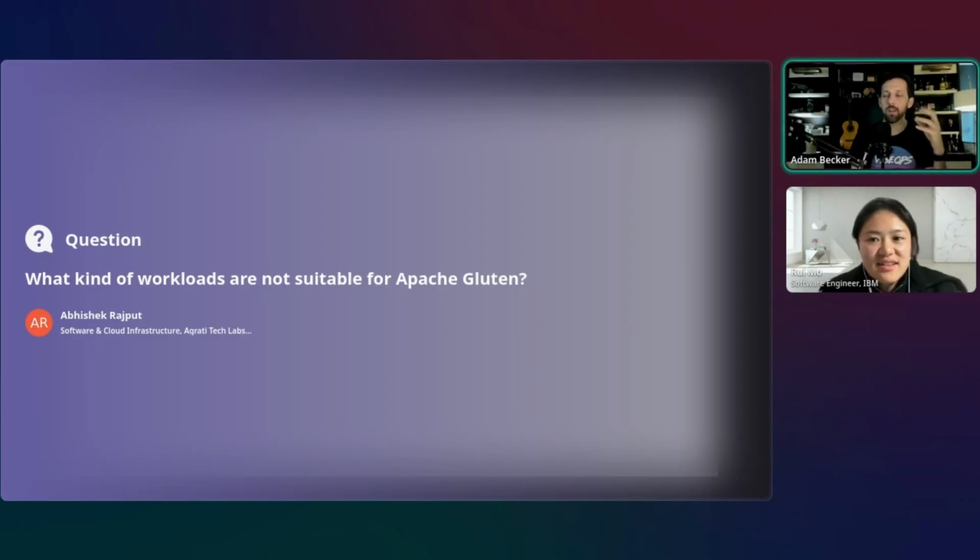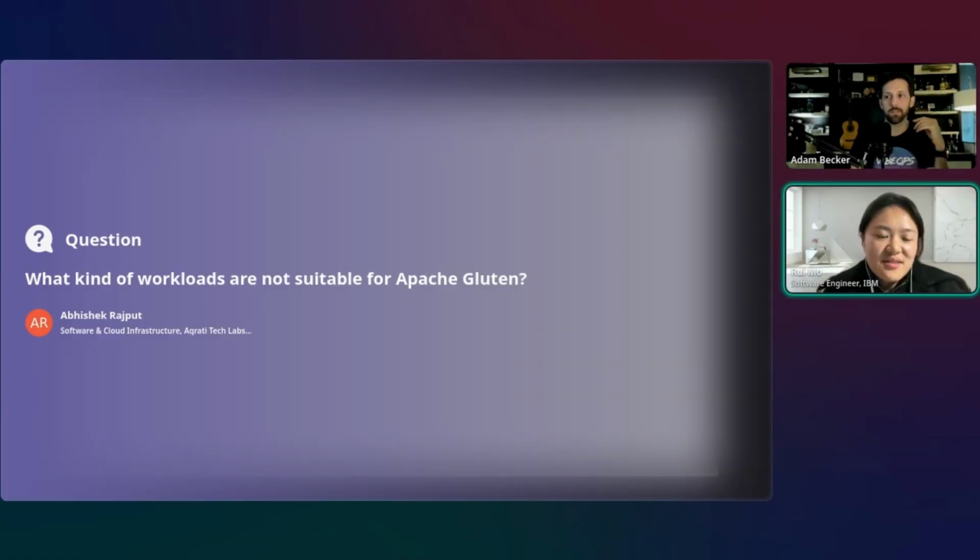When should teams say, I understand the benefits, but this is not right for me? Actually, Gluten offloads the computing to native, so the CPU bound queries benefit most. If a query is IO bound, the benefits may be less than those of CPU bound queries.